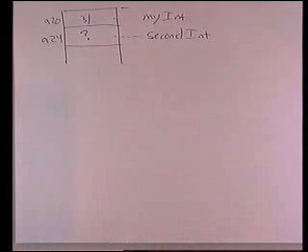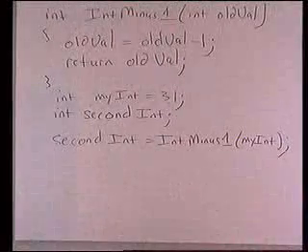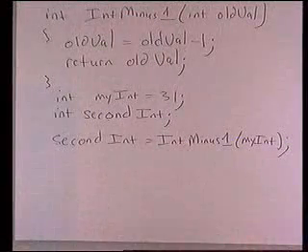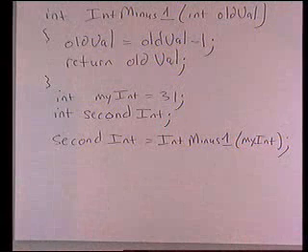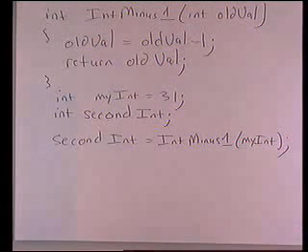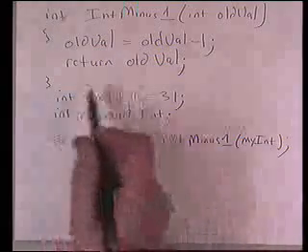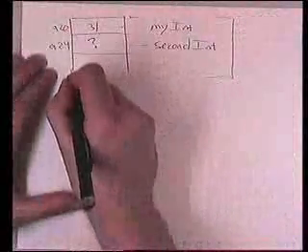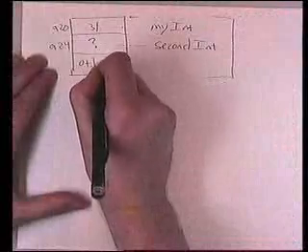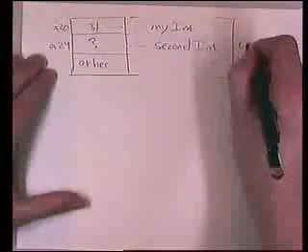Now we're going to call the function, so we run this line, second int equals int minus 1 of myint. When we run that line, as we've seen before, a new section of memory, a new stack frame, is set up for the function int minus 1. These lines were presumably in some calling function, with whatever other stuff might have gone on in there.